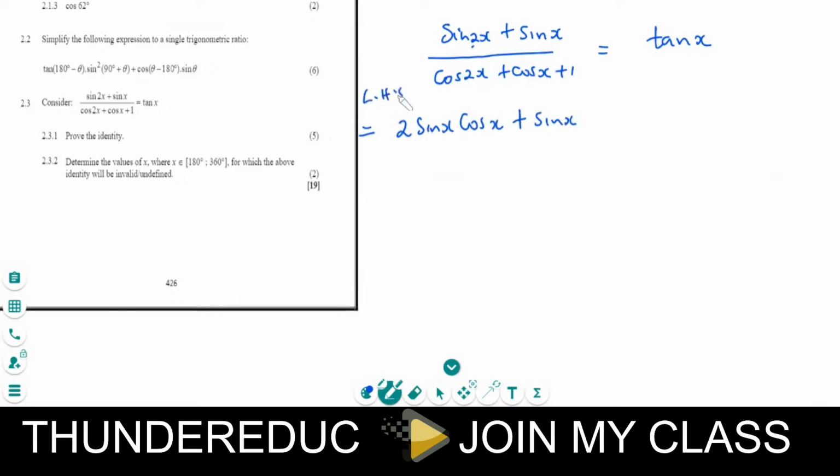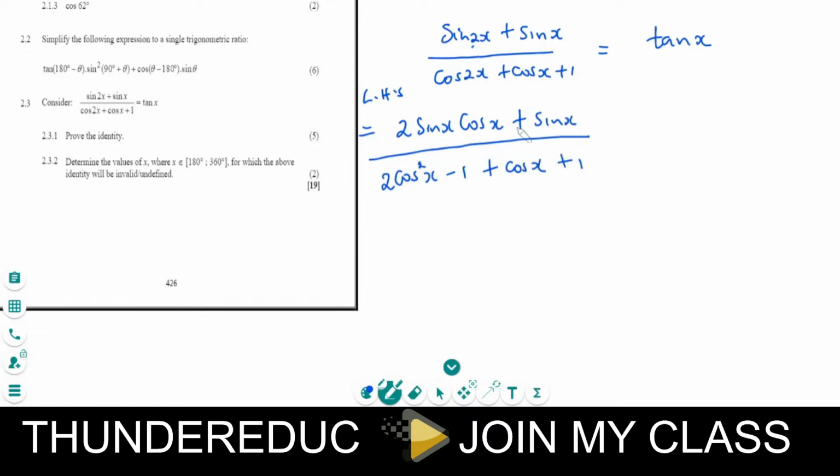I say left hand side, and then I'll divide this. I can break down this cos 2x. I would prefer to have everything in terms of cos at the denominator. So this will be 2 cos squared x minus 1 plus the cos x and then plus 1.